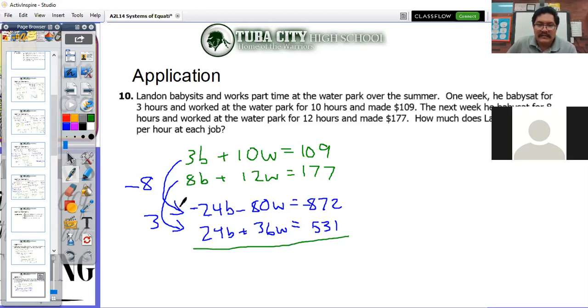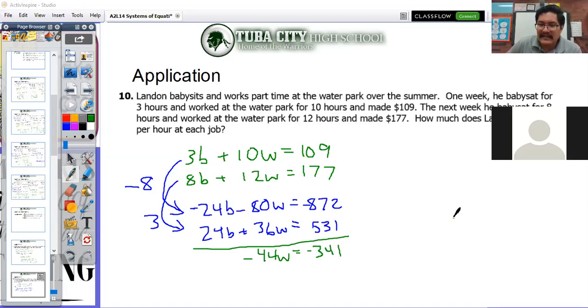Okay, so that should cancel out the B. And 80 minus 36, so that'd be 44. W equals, and just to make this go a little bit faster, I'm gonna get the calculator back out. 531 minus 872, and that'd be negative 341.